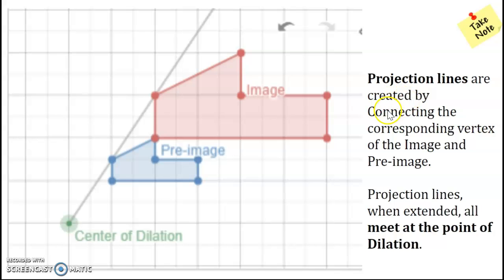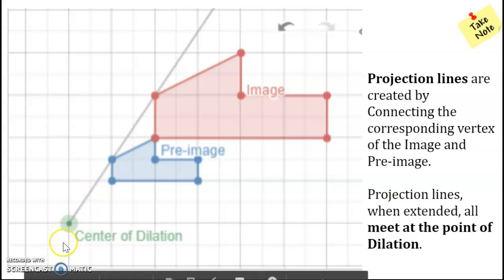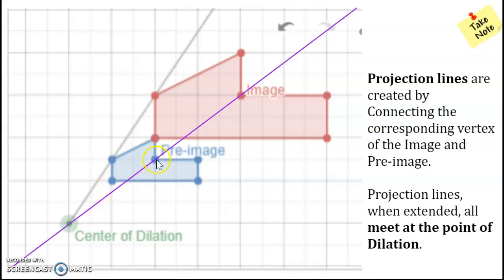Projection lines are created by connecting the corresponding vertex of the image and pre-image. If this is the pre-image, this vertex corresponds with this vertex. If I draw a line between those and extend it further, we call this the projection line. And we can do the same for all the other corresponding points.